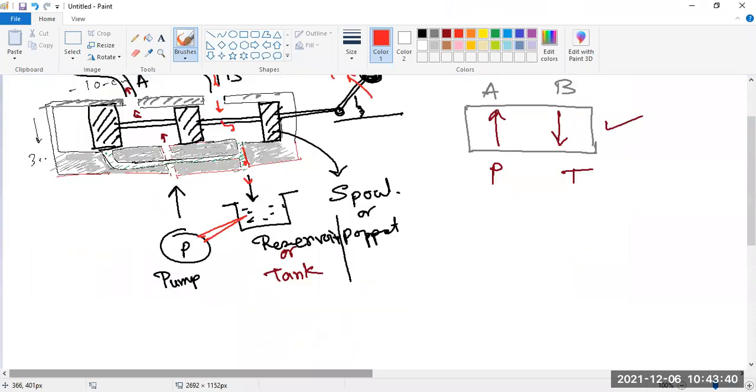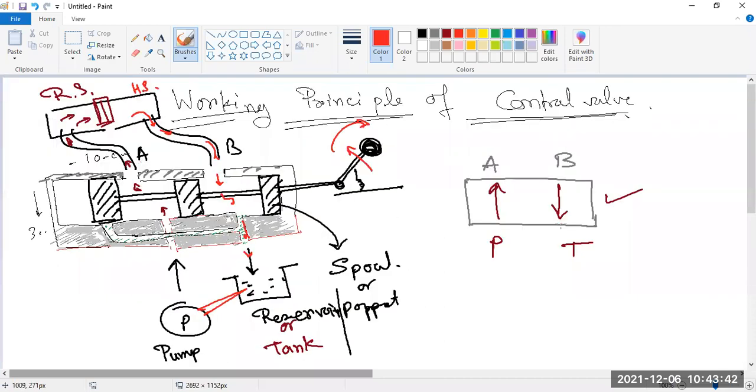Okay, so in this portion you can see A is connected with the rod side chamber, and B is connected with the head side chamber. Okay, this is the first position.